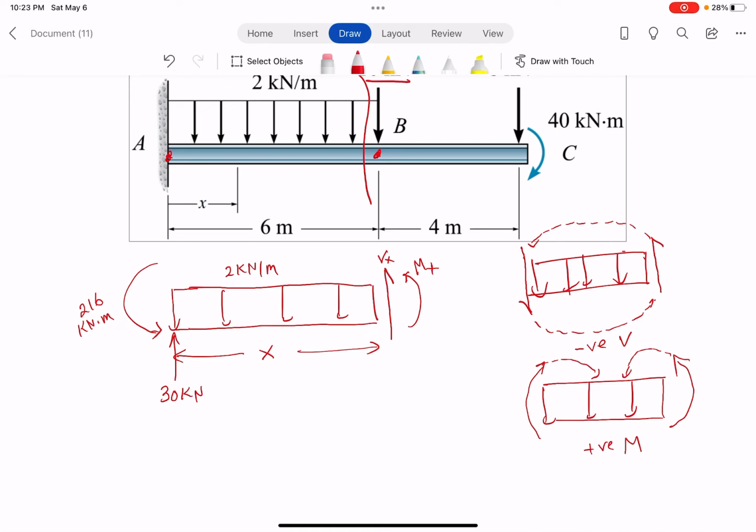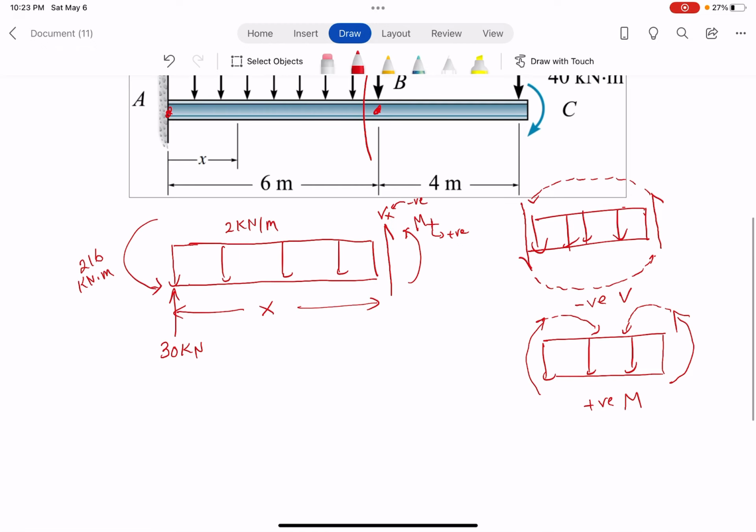If the moment will push the beam from down under up, then it is a negative moment. So these are sign conventions. Go back to your PowerPoint presentation for the notes, and you'll find these sign conventions. So this shear is negative, and this moment is positive. This is from the sign convention.